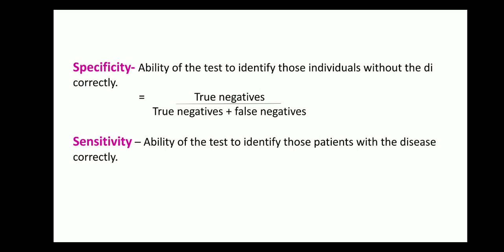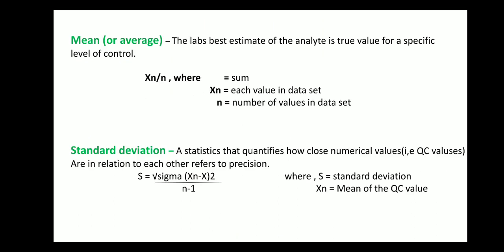What is sensitivity? Ability of the test to identify those patients with the disease correctly, that is sensitivity. So how sensitive the tests are. Then there is mean and standard deviation. Mean means to estimate the analyte's true value for a specific level of control.